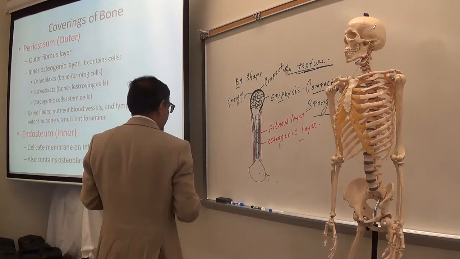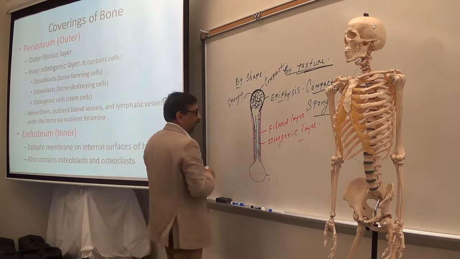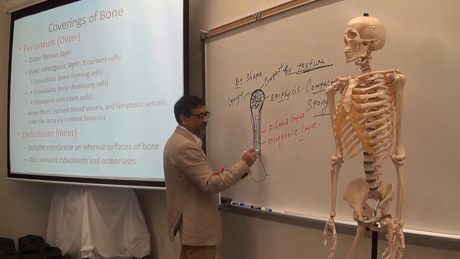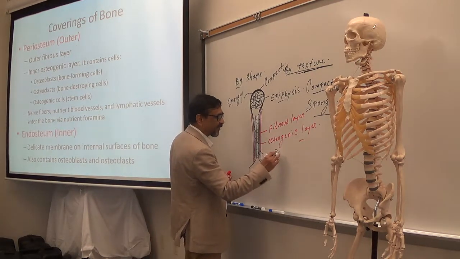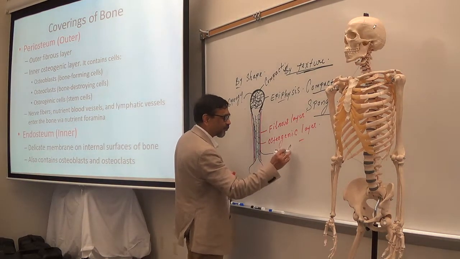And in the inner layer, you have different types of bone cells. So you have bone cells in the osteogenic layer.